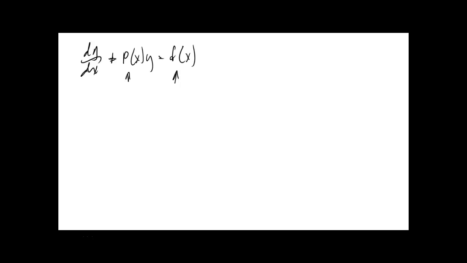And this leads to that fairly complicated looking answer, y is equal to e to the minus integral of p(x) dx times the integral of e to the integral of p(x) dx, f(x) dx, plus C. It's a real complicated looking thing. They say don't memorize that, don't try to plug it in, just do the math, okay?